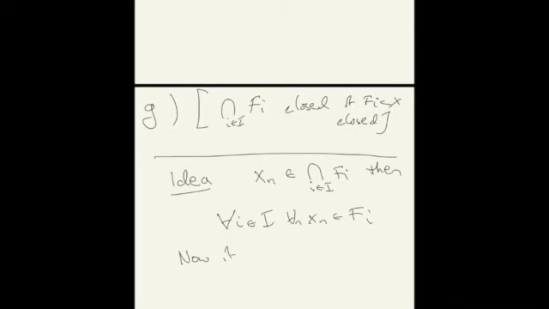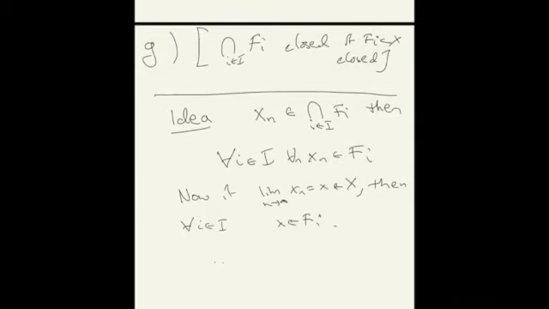Now, if the limit as n goes to infinity of x_n is equal to x for some x in X, then since this is also a sequence in F_i for each i, we get that for every i in I, x is in F_i. And because it is in all of these F_i, this is the same thing as saying that x is in the intersection.